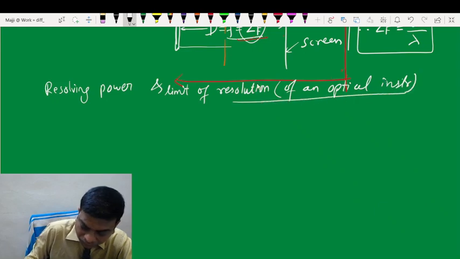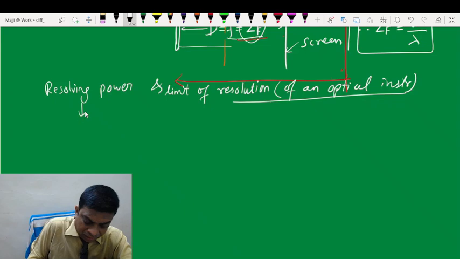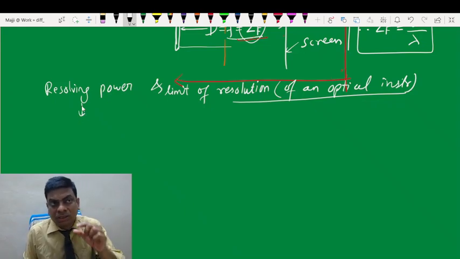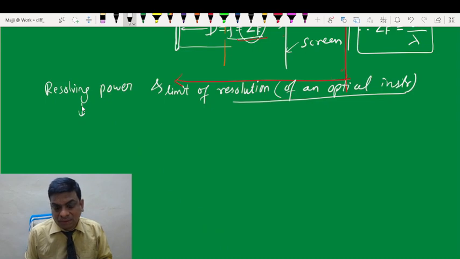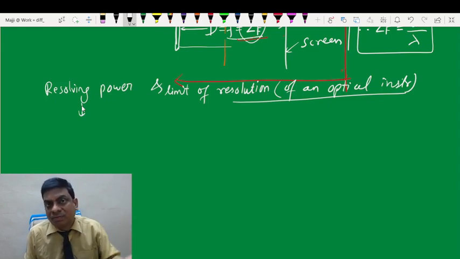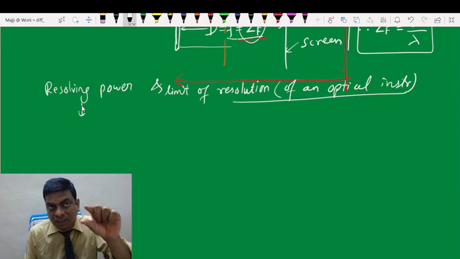When two objects are very close to each other, or they subtend a very small angle at the observer's eye, it could be because of their actual spacing being less, or because they are far away from the observer's eye. So they'll be subtending a very small angle.